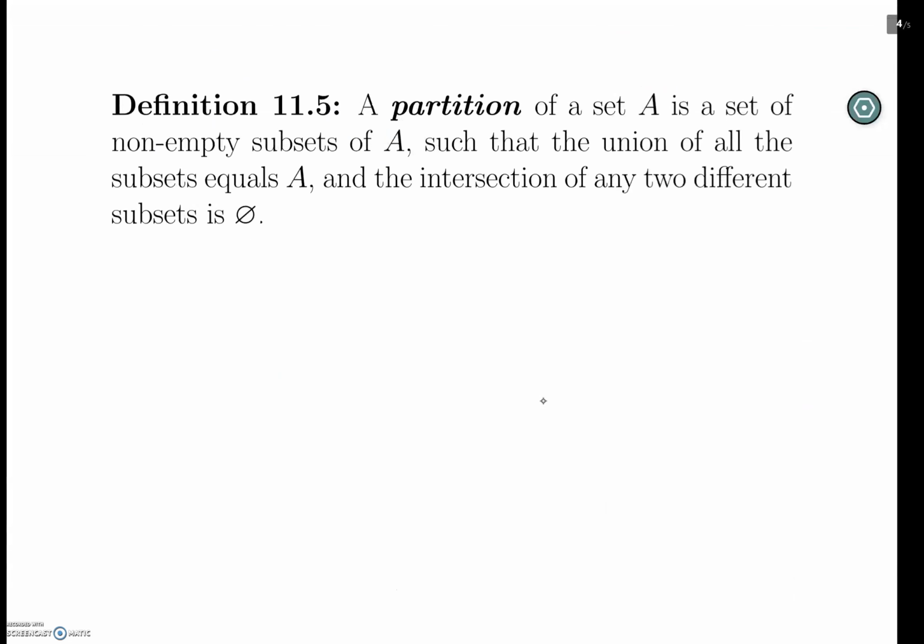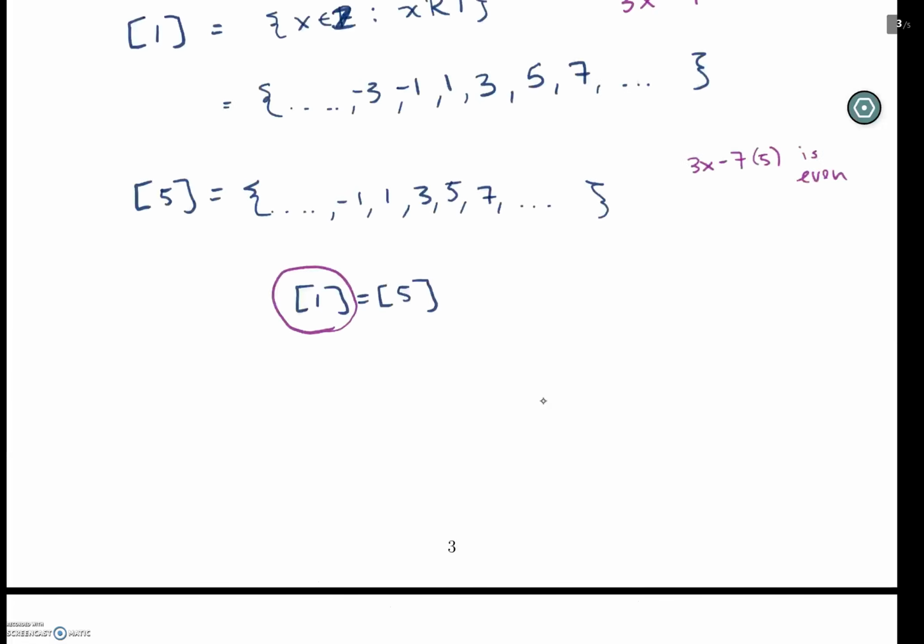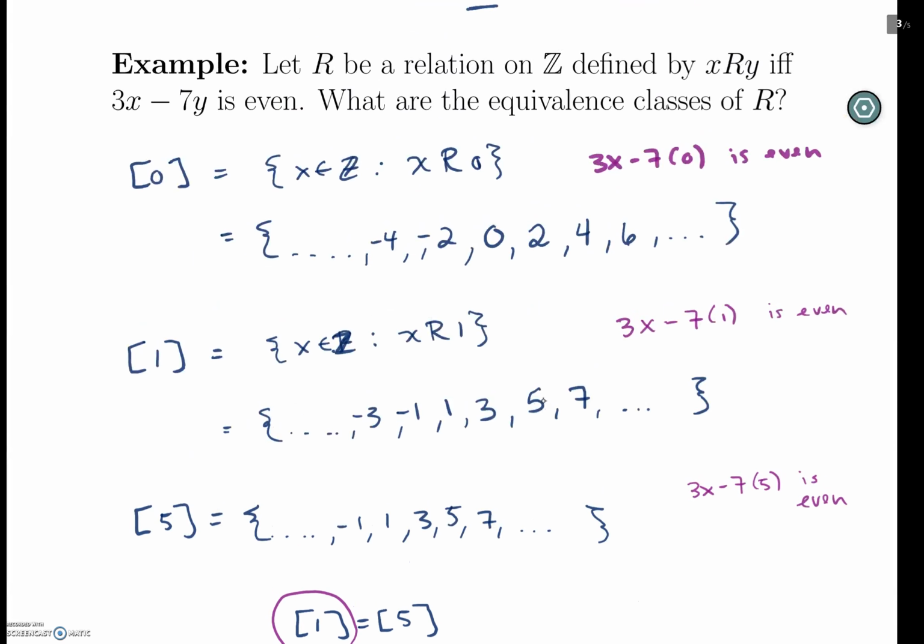And this brings us to our next definition. A partition of a set A is a set of non-empty subsets of A, such that the union of all the subsets equals A, and the intersection of any two different subsets is the empty set. So, if we think back to our previous example, the equivalence classes formed a partition of the integers.